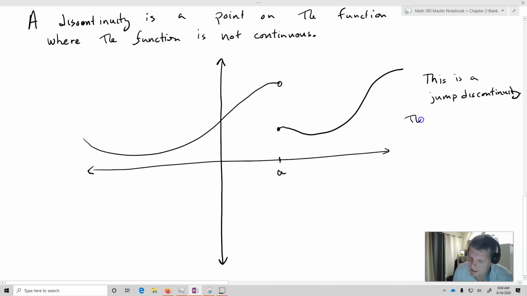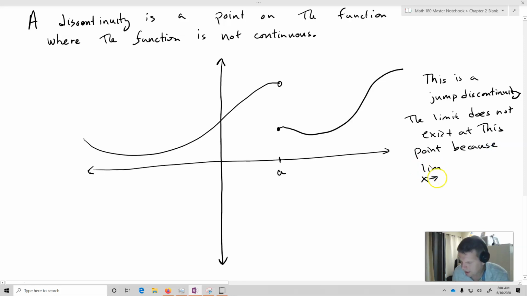The limit does not exist at this point, because the limit as x approaches a from the positive side of f of x does not equal the limit as x approaches a from the negative side of f of x.